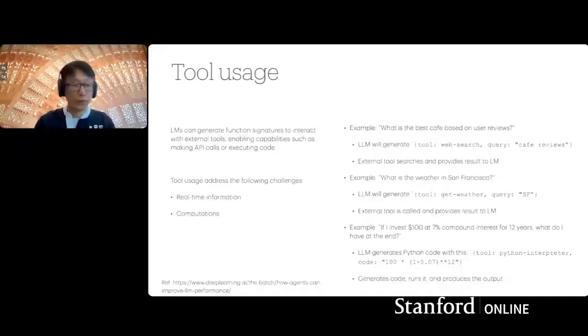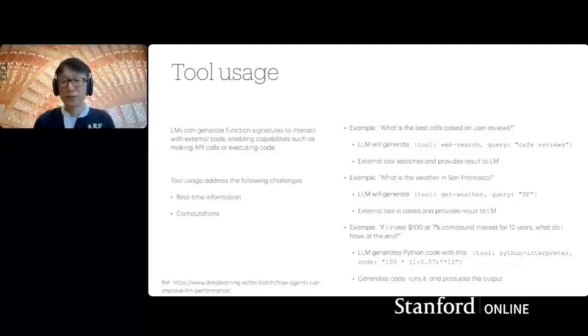So as in this example, the model will generate the output in a way that signals this is a case for tool usage. It generates an output in the form here, get weather, and the input argument to this API call, or function call, is the place that we asked.